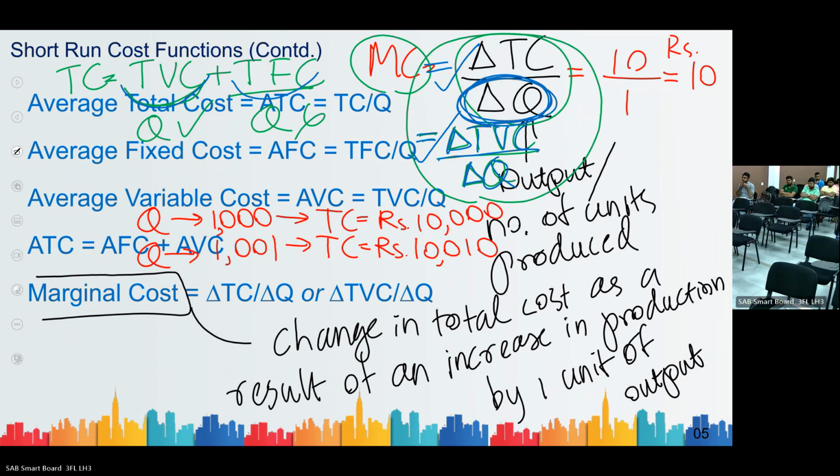We learned 4 cost concepts: average total cost, average fixed cost, average variable cost, and marginal cost. Then let's see how these cost concepts vary depending on the level of output. When output changes, how will these cost items change? That is what we are going to see next.